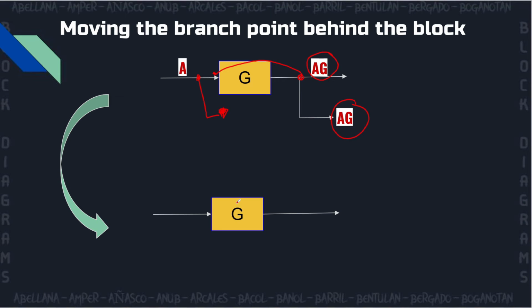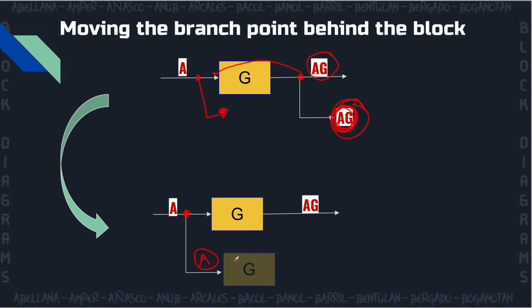Okay, so from here, our transfer function G, input A, and output AG. Now we will move the branch point behind the block. So now the branch point is branching off from signal A. So this branch point will have a signal of A. The branch point that we moved has a signal of AG, or has an output of AG. How do we add G to this input?